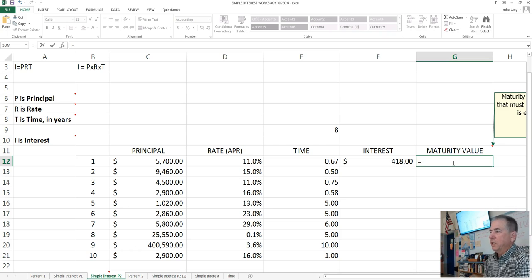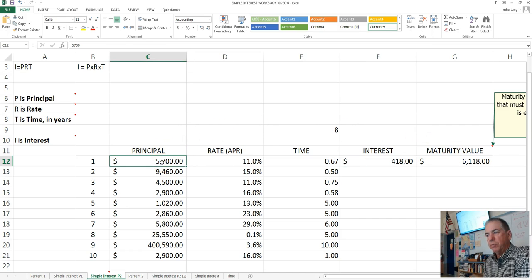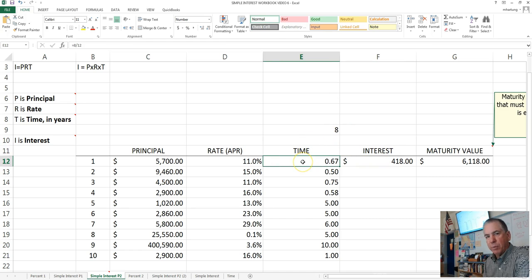And that is simply calculated by the principal plus the amount of interest that you have to also pay back. So you're paying back a total of $6,118, which includes both the original amount you borrowed plus the additional amount you paid for the privilege of using somebody else's money for 8 months. And that's how that works.